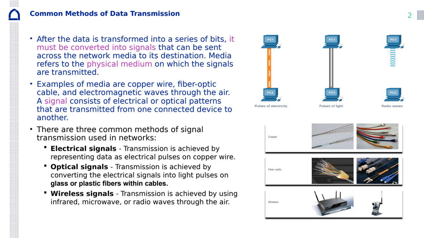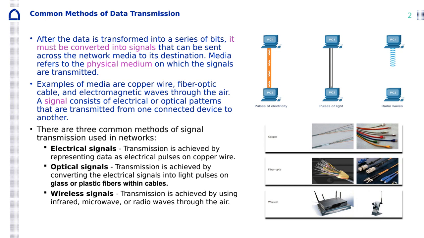So there are 3 common methods of signal transmission: electrical signals, optical signals, and wireless signals. Wireless transmission is achieved by using infrared, microwave, or radio waves through the air. So it is radio waves, electromagnetic signals. Optical is light or laser.